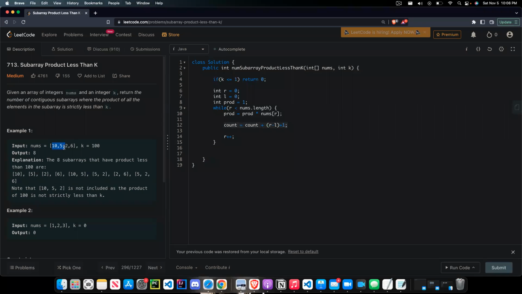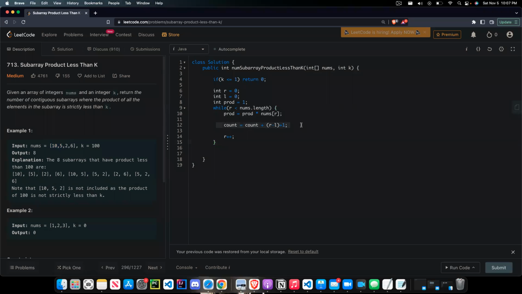So if we look at a subarray of 2 elements, how many subarrays are here? That's 3, right? We have one subarray here, another subarray here, and then the whole thing is a subarray. So you have 3 subarrays within an array of 2.